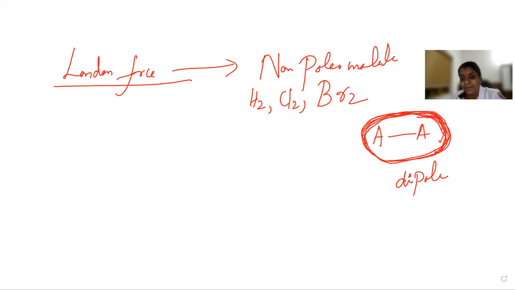The reason is that because of the movement of the electron, sometimes the electron density will be concentrated at one end of the molecule, and that develops a dipole, called an instantaneous dipole. This instantaneous dipole will induce a dipole in the adjacent molecule, and that is called an induced dipole.